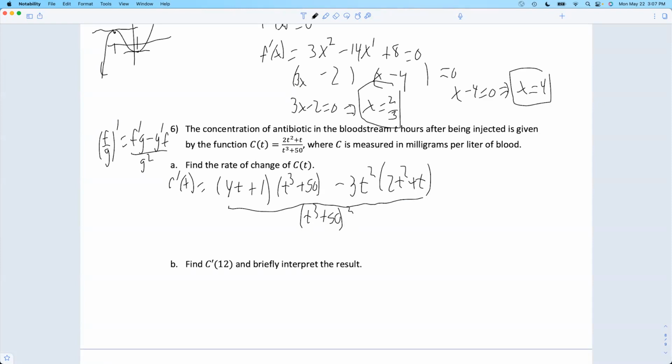Okay, now this C prime at 12 would be, I could plug in a 12 for all those t's.